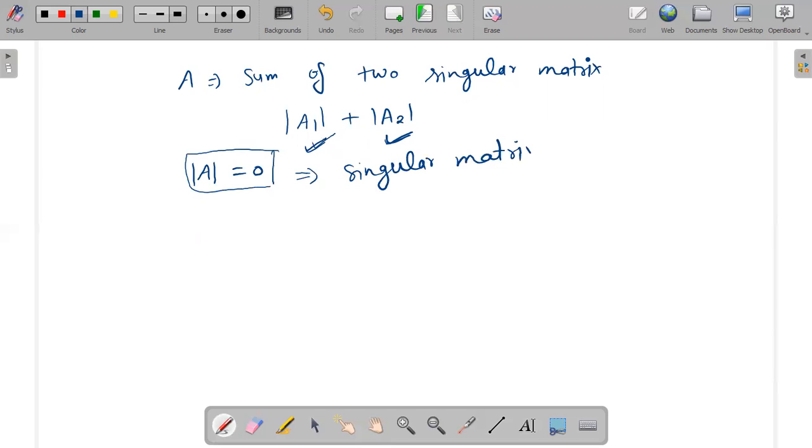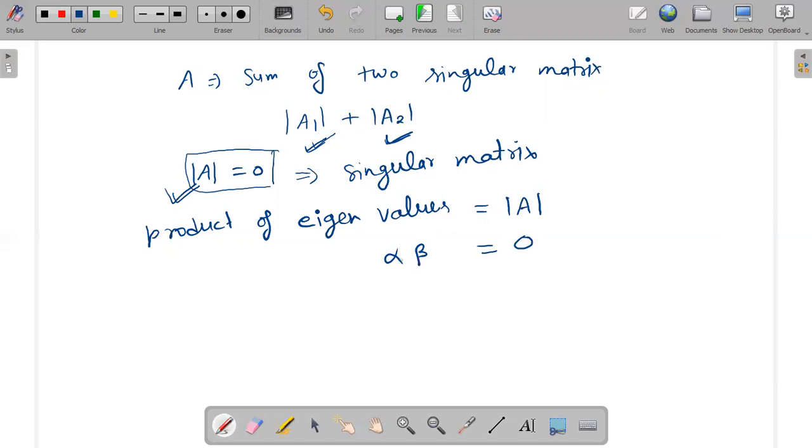Now you can see that the determinant of matrix A is 0, and we also know one of the properties of eigenvalues: the product of eigenvalues is nothing but the determinant of matrix A. Now we know that the determinant of the matrix A is 0, and we know the two values alpha and beta, and the third eigenvalue, let us say this is lambda 3.